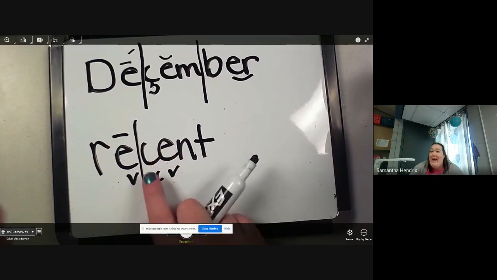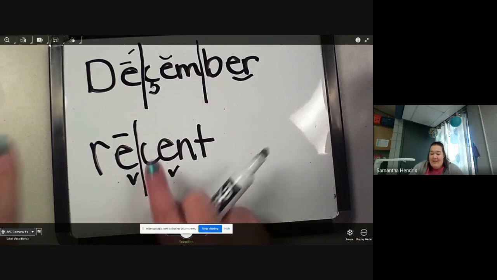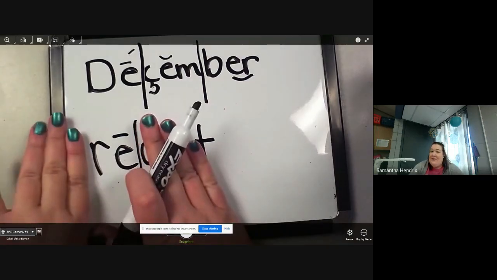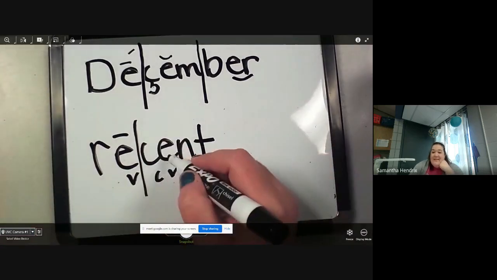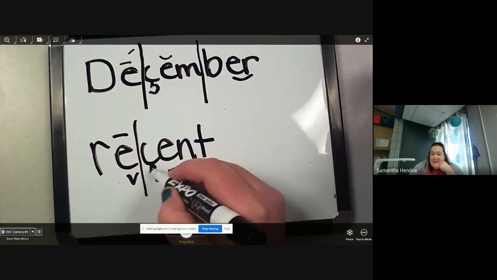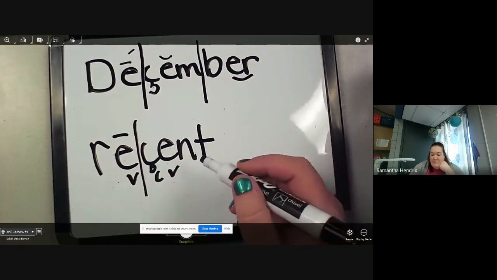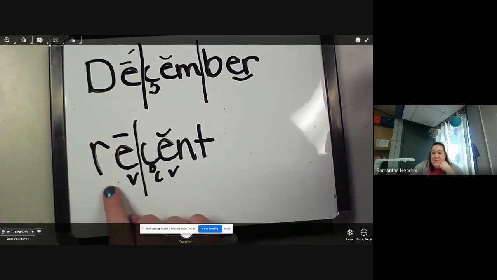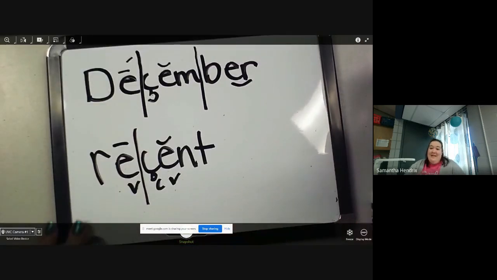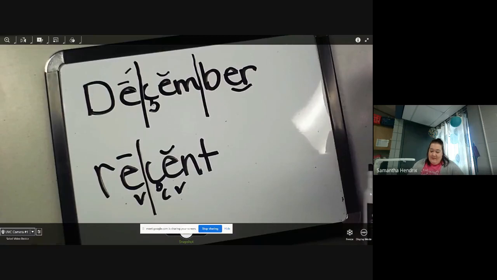Yes, there's a C after it in the word, but in this syllable, there's nothing after the vowel. That means it's a long vowel, okay? This C is followed by an E, so it gets a cedilla. This is just a vowel followed by. So E, recent, okay? So that's medial and initial spots.